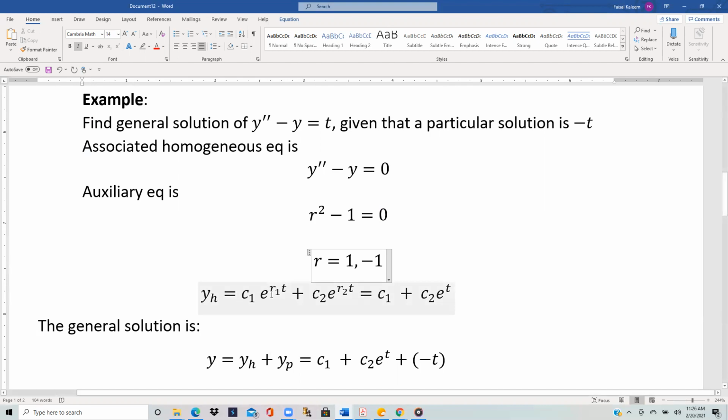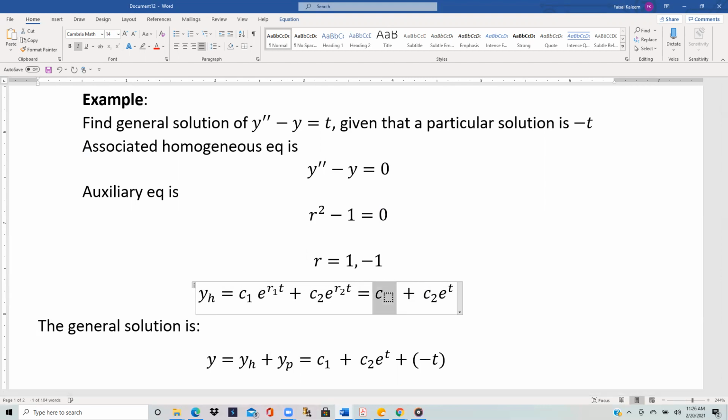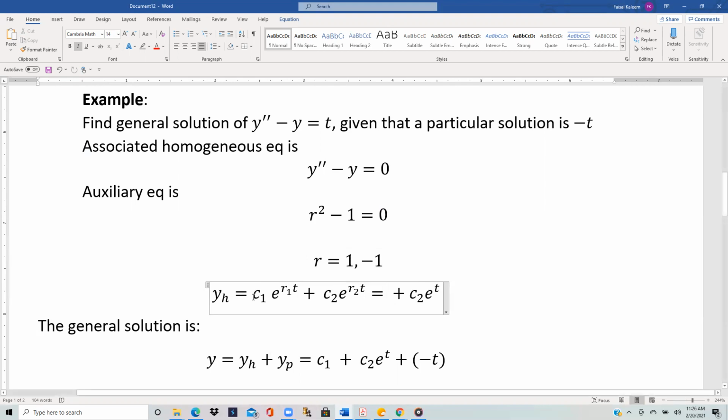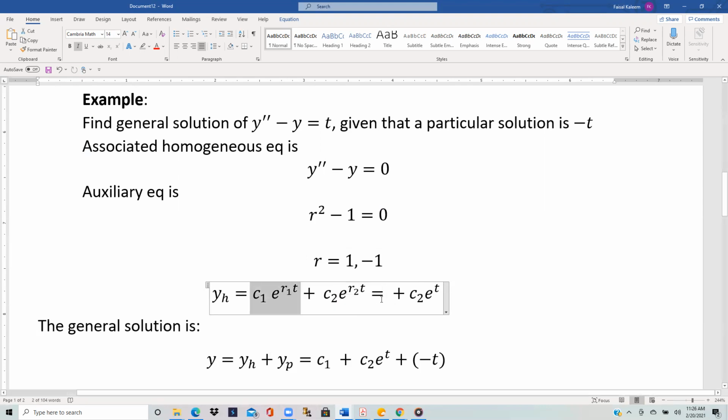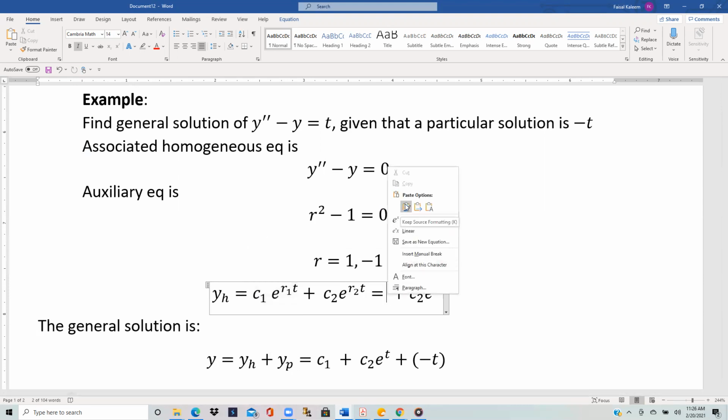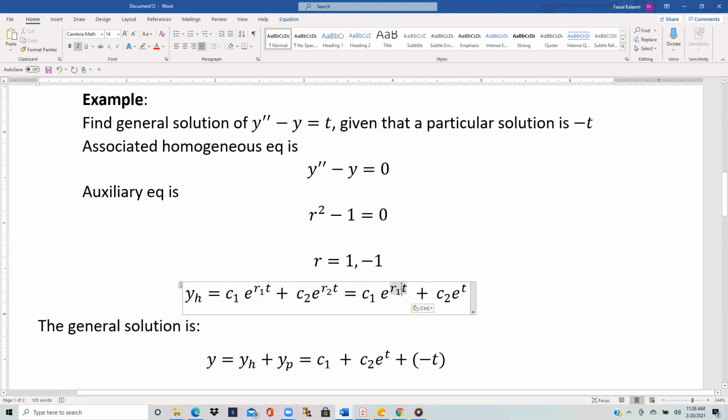Okay, and so this one will be C1 e to the negative t plus C2 e to the t.